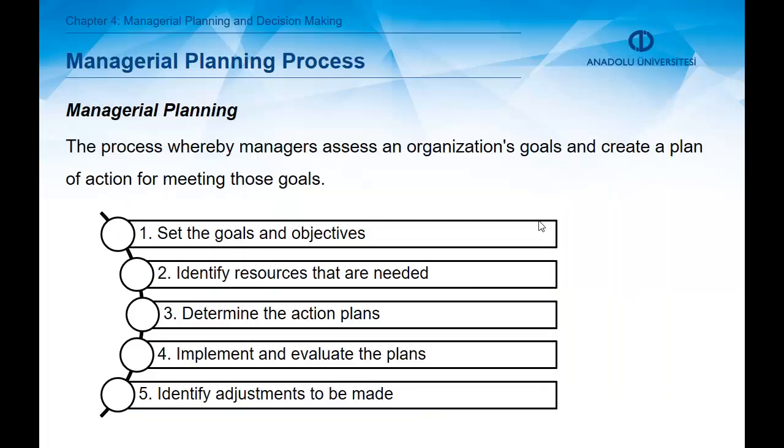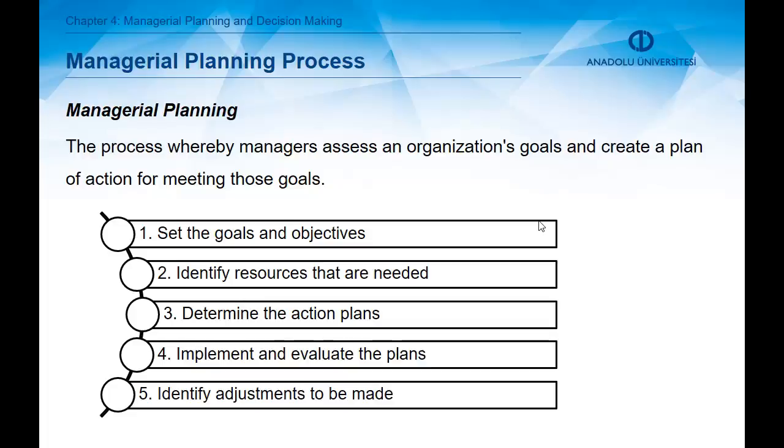Managerial planning process is the process for managers where they decide what to do, when, and where to do. And because it's a process, it has some stages, which is important for managers not to be missing one of the stages. It is important that this managerial planning process is being launched in a sequence.